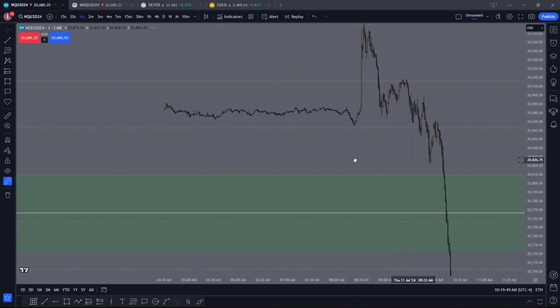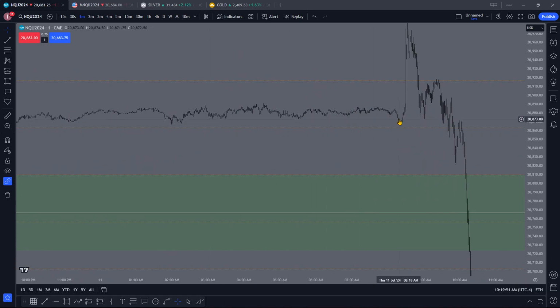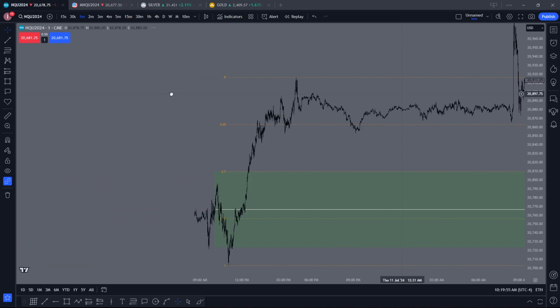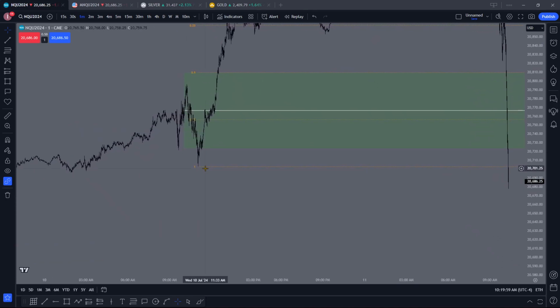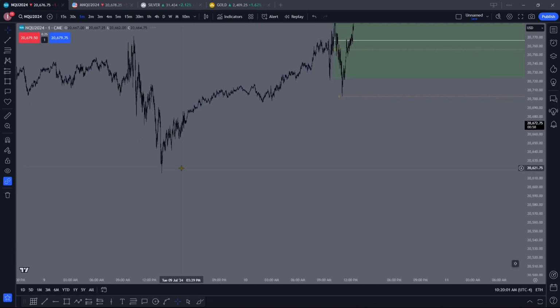You can see this happen because Asia and London just accumulated a bunch. So I can imagine there's lots of liquidity lying at this low here, and at this tight resistance around here.